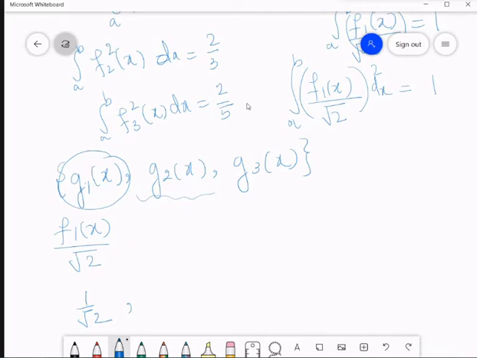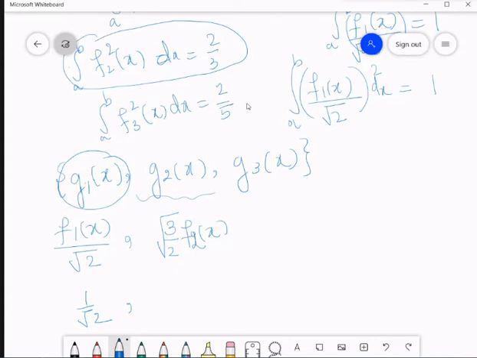For this g2, I need to take this particular expression. Again I want 1 here, I don't want 2 by 3, so I'll transfer this onto the other side and club it inside the square. When it goes to the other side it becomes 3 by 2, and when I take it inside the square, that becomes a root. So it will be square root of 3 by 2 times f2(x). This is what we are going to get as g2.